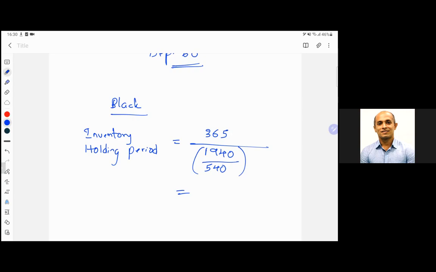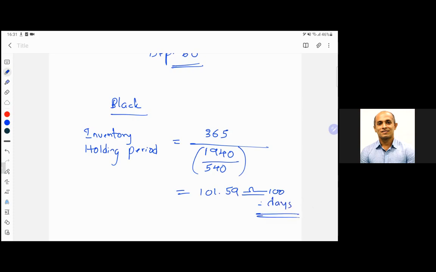So it's around 100 days. It's 101.59. We need just a rough value, a rough idea. Roughly 100 days.